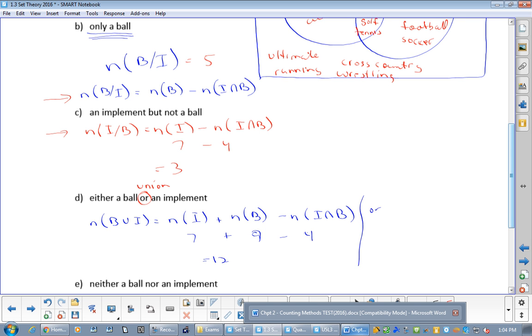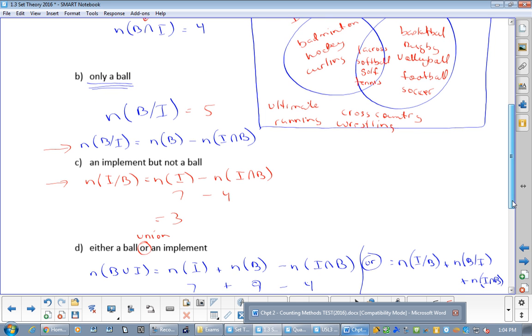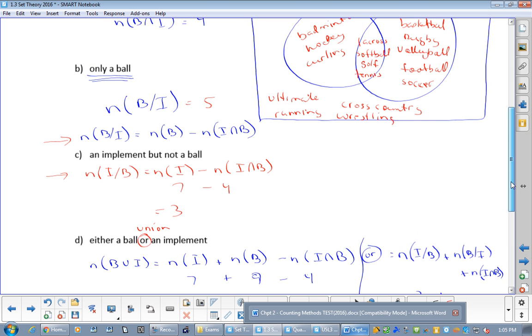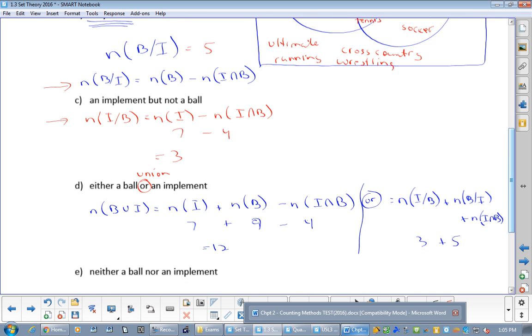Now let's do the other one. The other one would be equal to N of I not B plus number of B not I plus number of I intersection B. So that would be 3 plus, how many are there? 1, 2, 3, 4, 5, right?